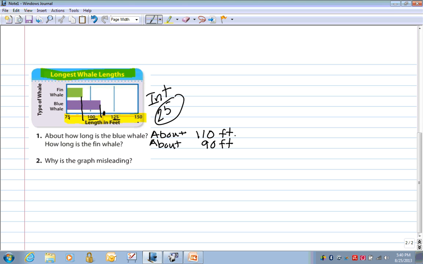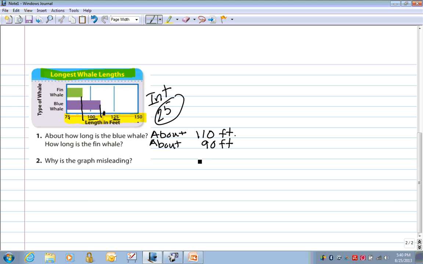So the purpose of a bar graph is it's a way to show data accurately and clearly just by looking at it. If you look at this scale, here it starts at 75, and if you look at the bars, it looks like the blue well is about twice as long as the fin well.